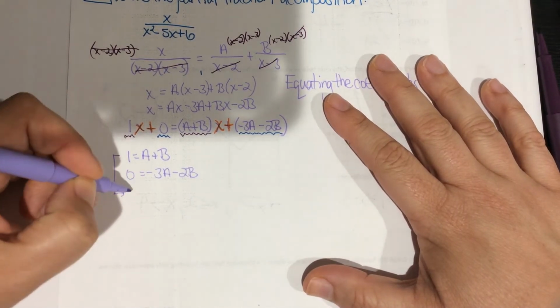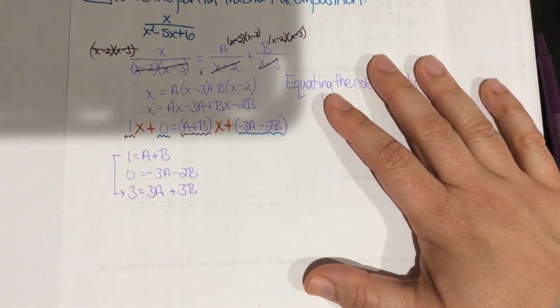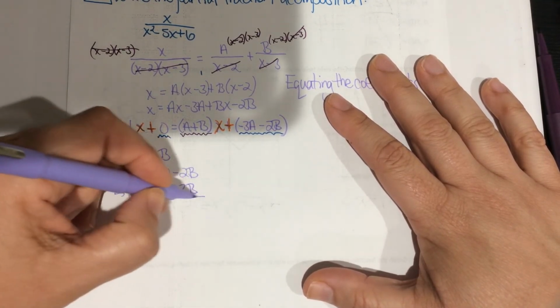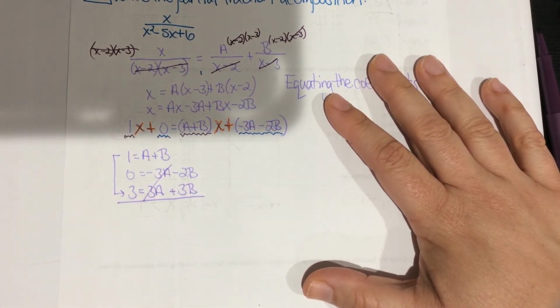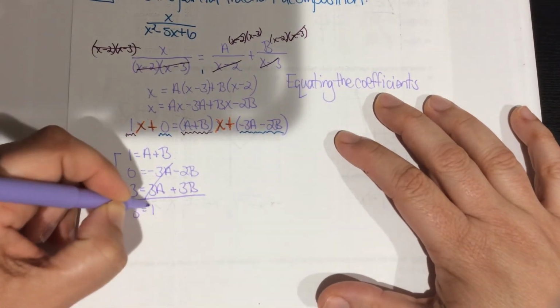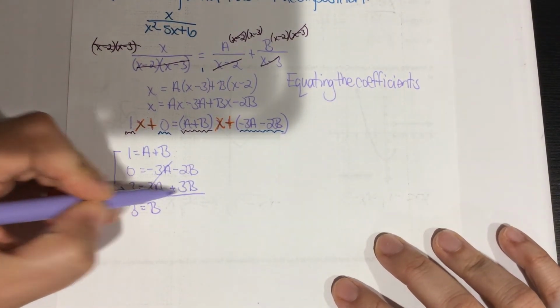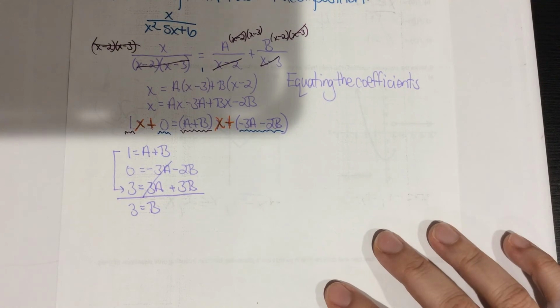Pretend it's an x and a y if it's bothering you that it's an A and a B. Multiply that by 3 so that I have opposites. Using the elimination method, if you want to use substitution, you can, but I feel like this one's just set up really nicely for elimination. So combining 0 plus 3, combining negative 2B plus 3B, I get B equals 3.